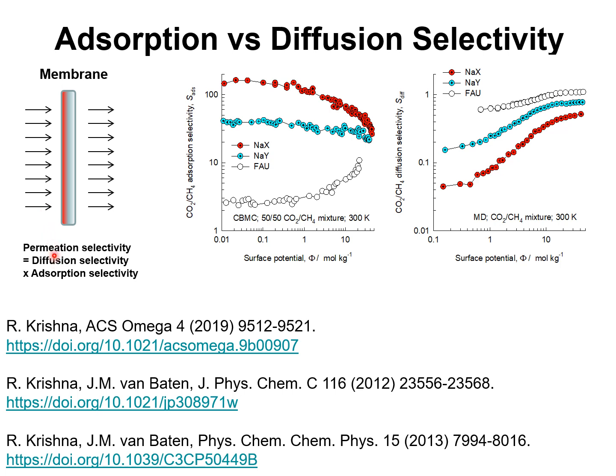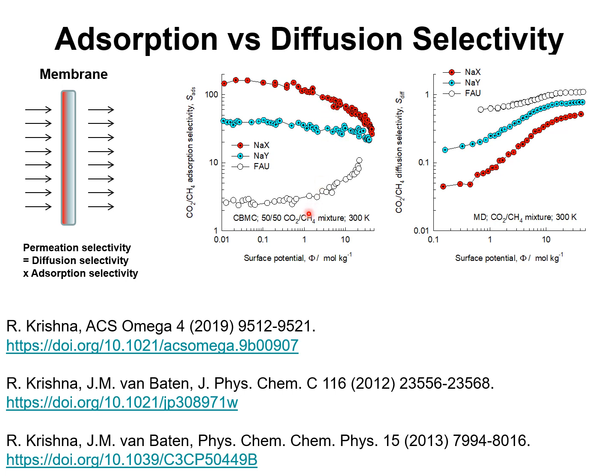The permeation selectivity is a product of the diffusion selectivity and the adsorption selectivity. Let's look at the relative values of the adsorption selectivity and diffusion selectivity for all silica faujasite, for sodium Y and sodium X.